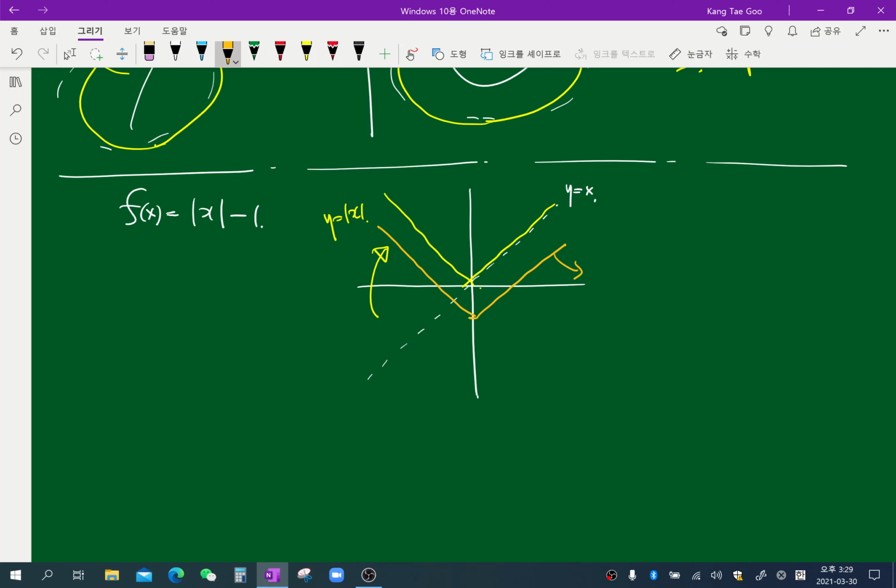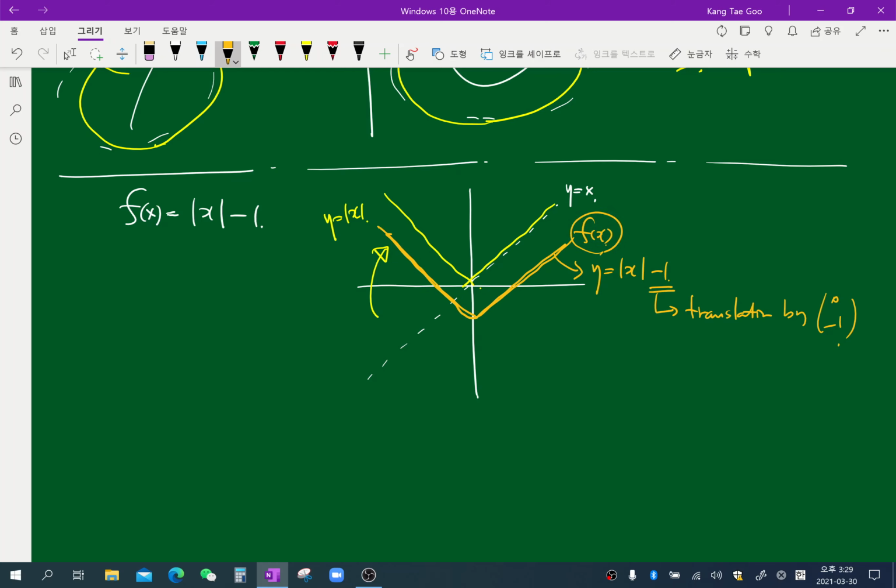This is y equals the absolute value of x, minus 1. This portion is actually later, I will make another session. This is a translation, right? Translation by (0, minus 1). In other words, a vertical translation by minus 1, so this is f(x).